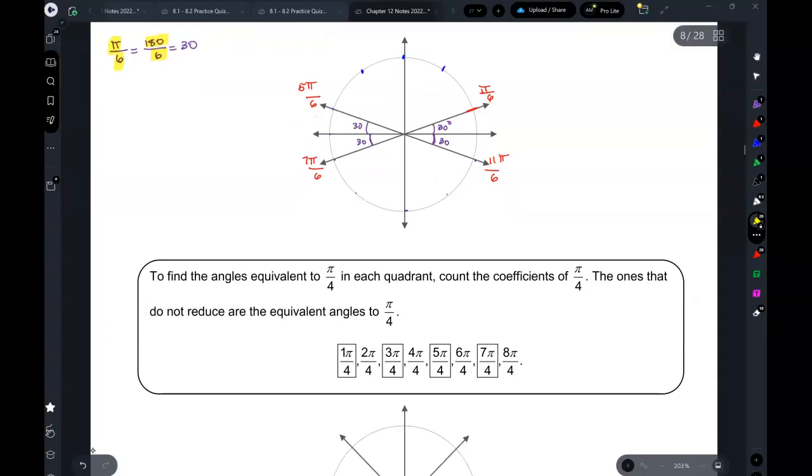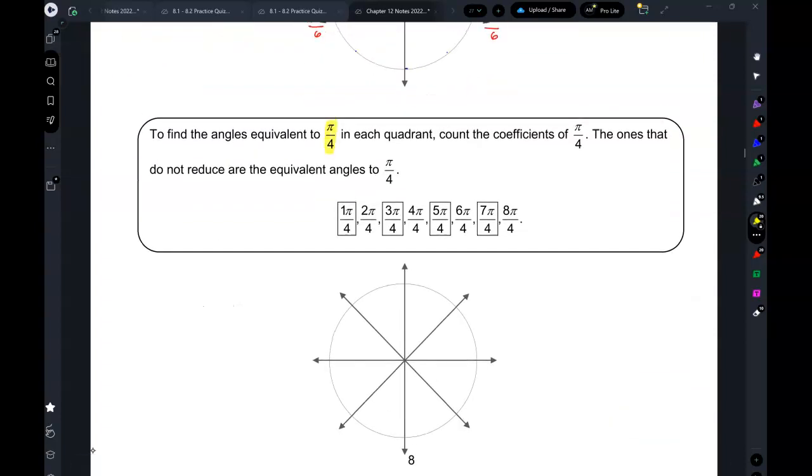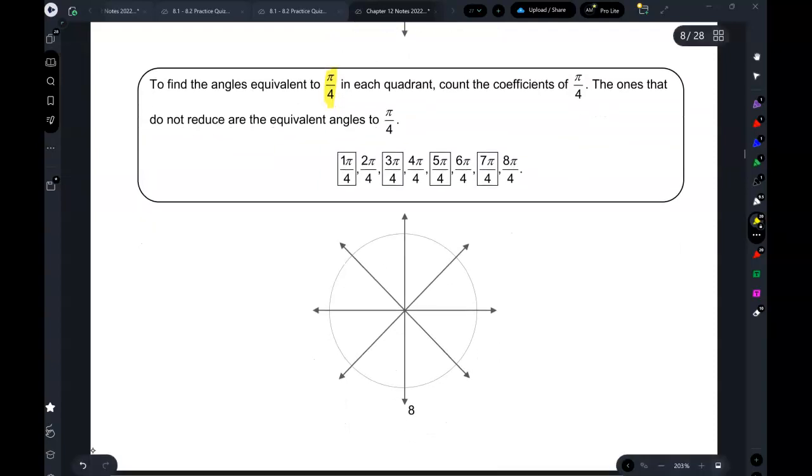Okay, so now, how about the pi over 4s? These are all the pi over 4s. What is that equivalent to? 180 over 4, which is 45, right? Because it's half of the half, which is a quarter. So this first one is pi over 4. And then does 2 pi over 4 cancel? Can't use that. Does 3 pi over 4 cancel?